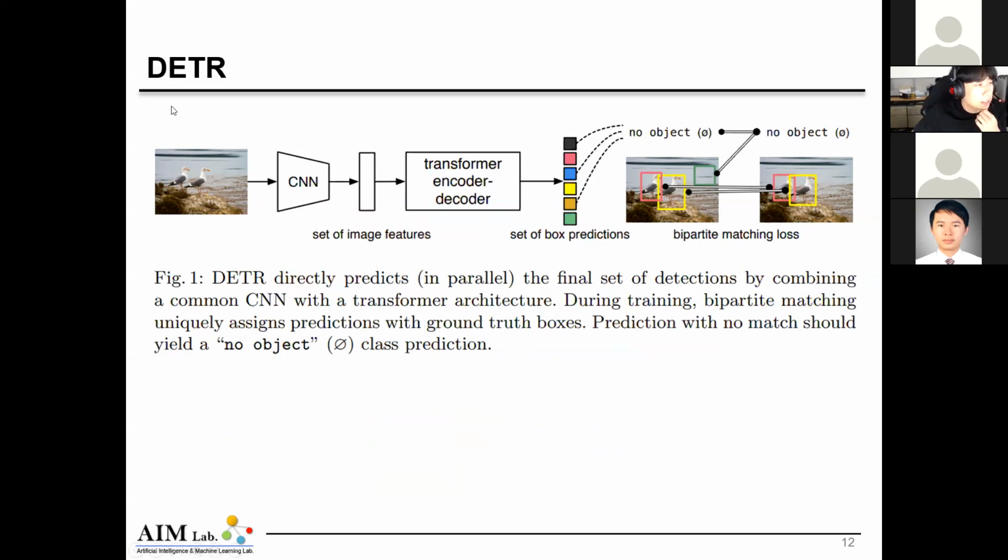DETR is utilizing the transformer encoder-decoder to predict the box, but the transformer is not the main contribution of this work, because the transformer was already proposed in natural language processing. In this case, they changed the scheme of object detection to set prediction.